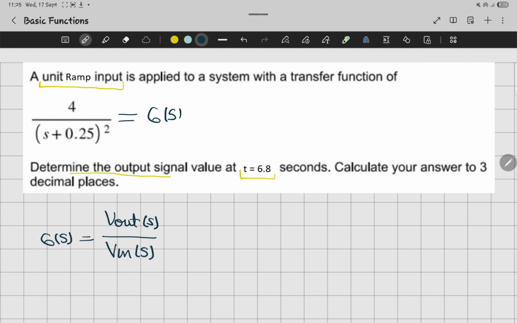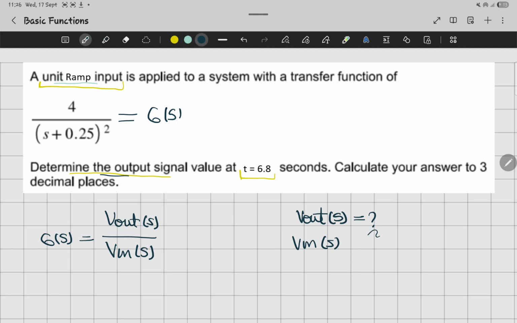And we need to find V out, so that's what we've been asked. What is V out? Determine the output. And our V in, we know it's a unit ramp.